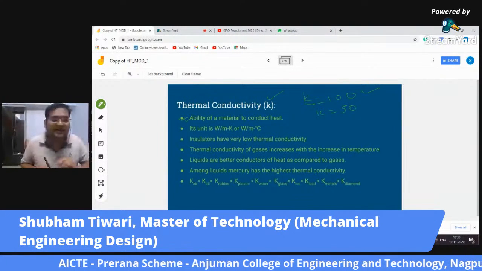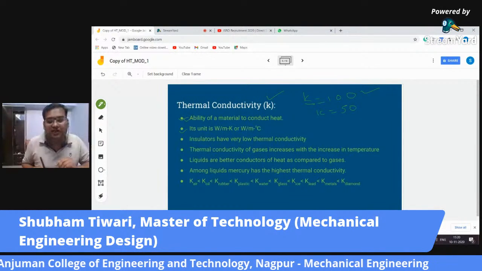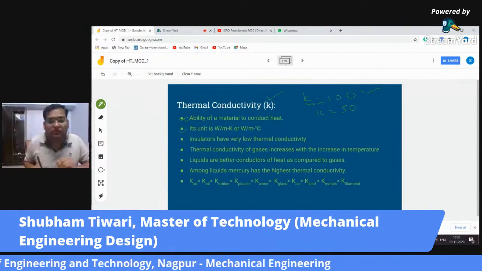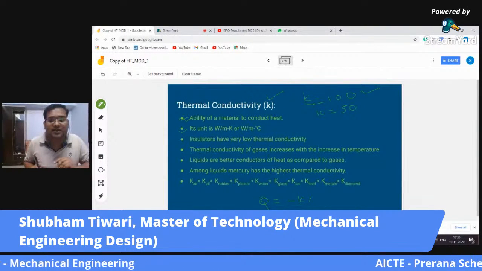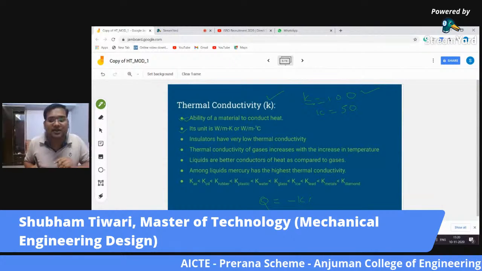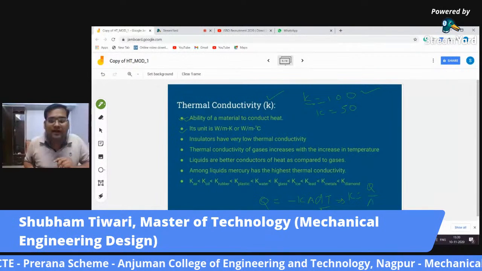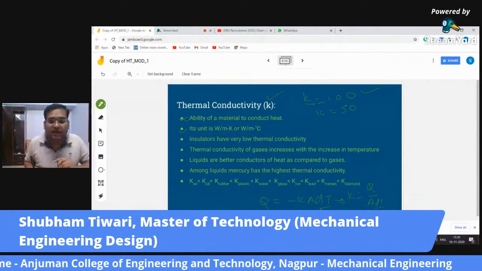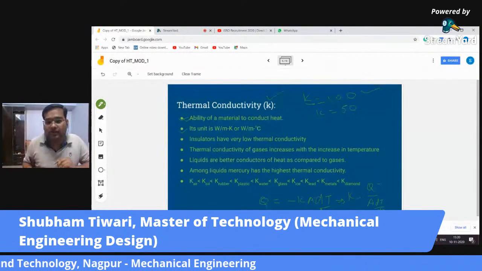I hope it is clear. Now just look at the unit, how it is. What is its unit? Q equals minus K A dT by dx. By rearranging this, we can write K equals Q divided by A into dT by dx. Now put their units and do the maths.